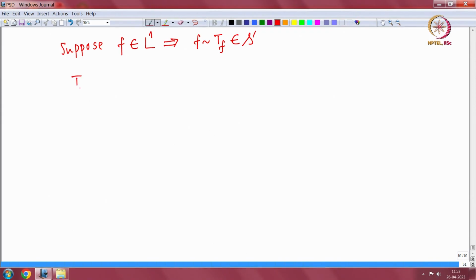So, T_f hat of phi, this is the definition. Let me do it carefully. So, T_f hat of phi, where phi is in S, and this is the definition.